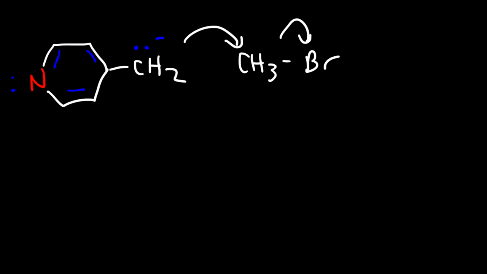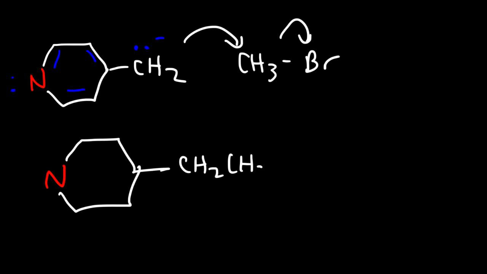We can do that if we want. It'll behave as a typical nucleophile, so we can get a lot of side reactions here. And so just keep that in mind, that these hydrogens are relatively acidic.